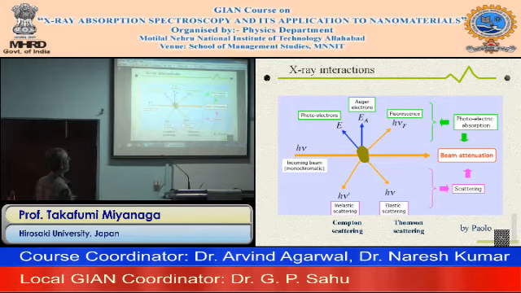Another one is fluorescence emission. The last one is secondary electron emission. We call them Auger electrons after the name of the physicist. So roughly speaking, the main processes are the scattering process and the photoelectric absorption process.